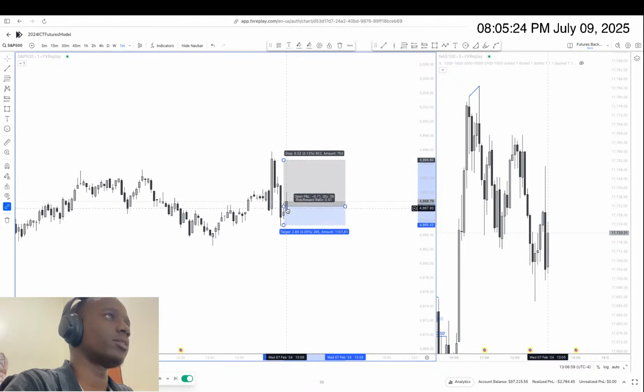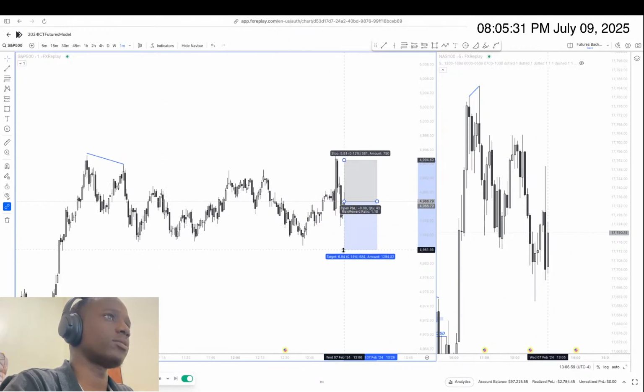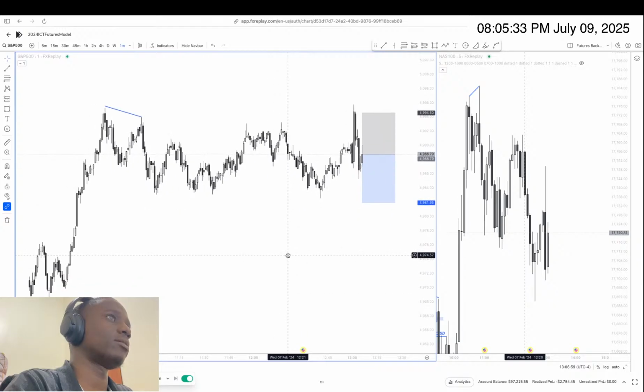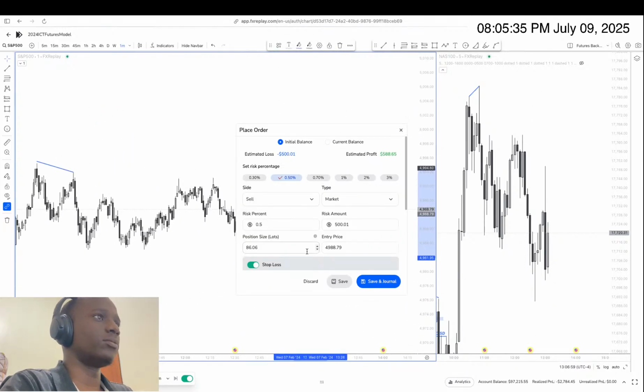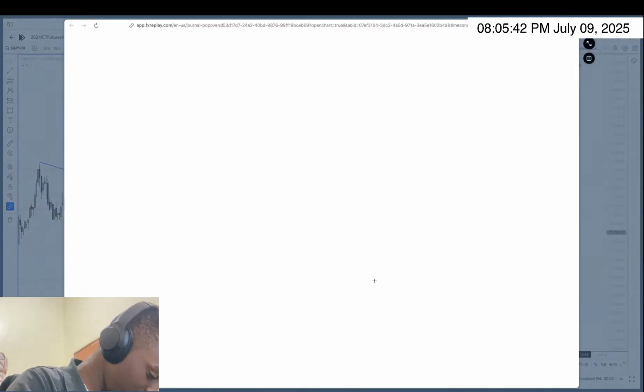Let's put it somewhere here. Now my target, these lows, you can see you get a 1.18. So I can even keep take profit open just in case.